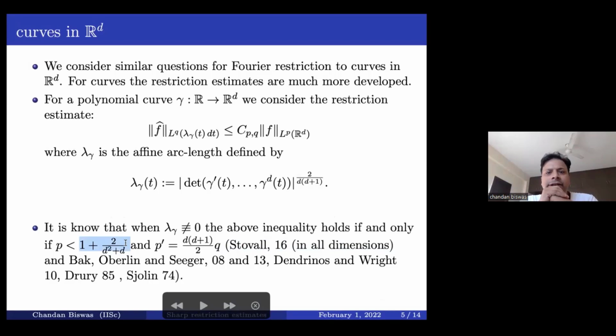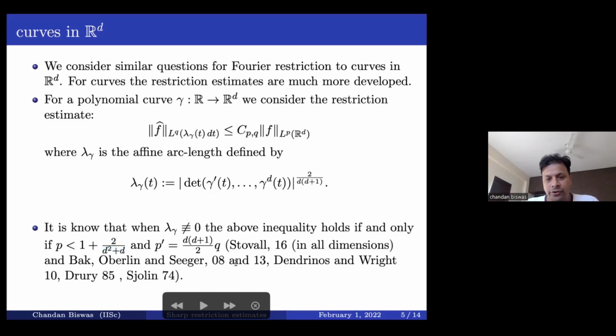Essentially the reason is that for the paraboloid we have only one complementary direction. So the Fourier restriction, or rather the dual extension operator, can blow up in only one direction, whereas for the curve, let's say t, t squared, t cubed in R^3, the dual extension operator can blow up in two complementary directions. So that's why as d goes to infinity, we're getting to the worst case.